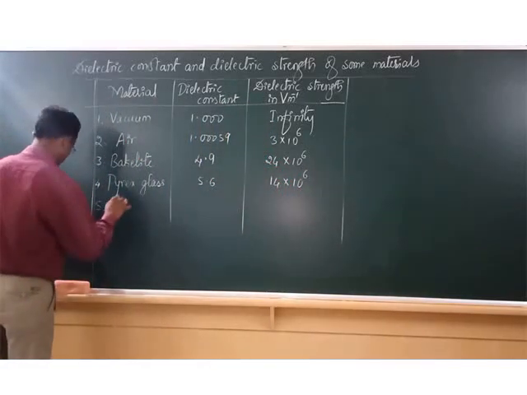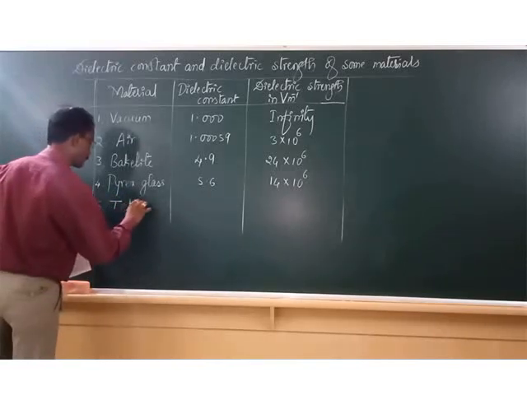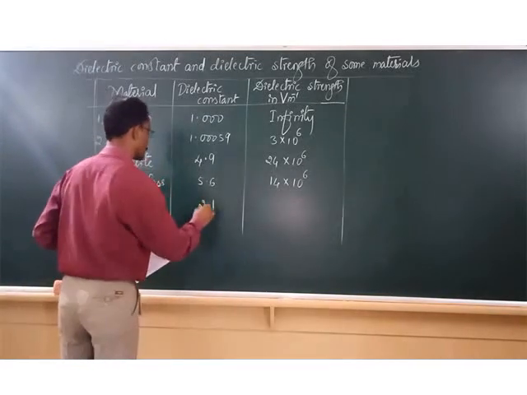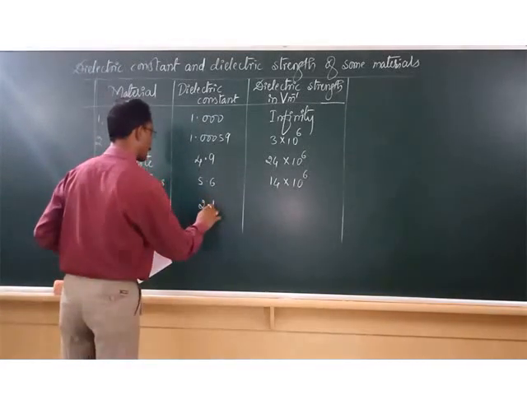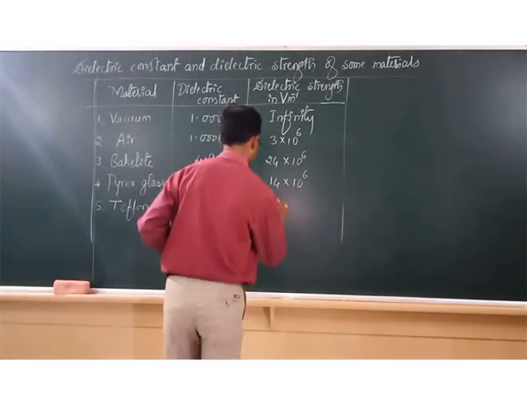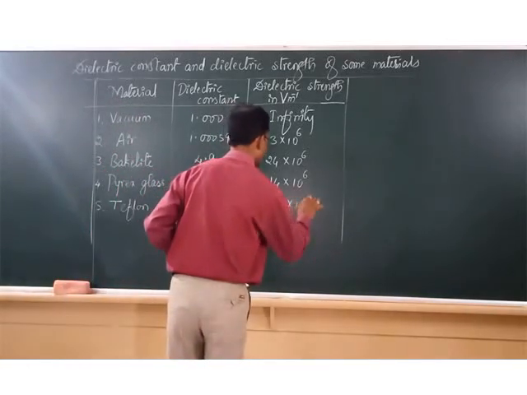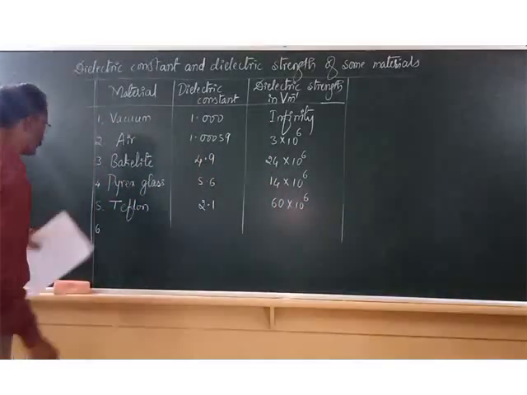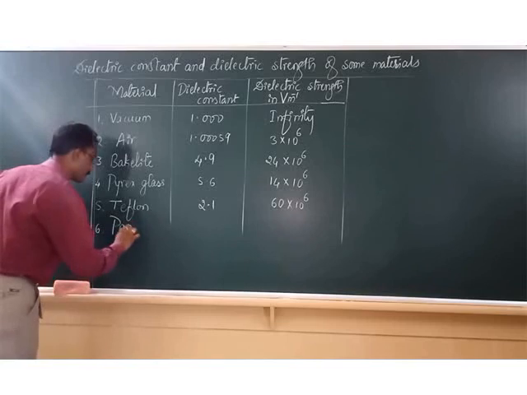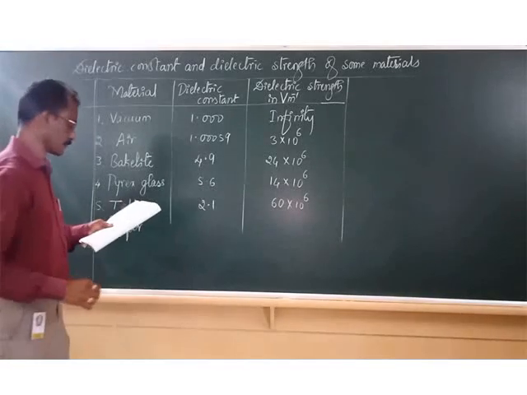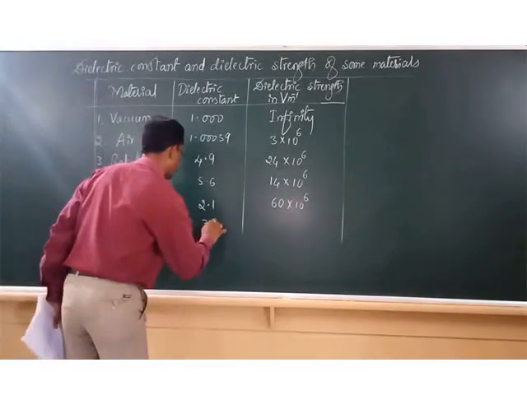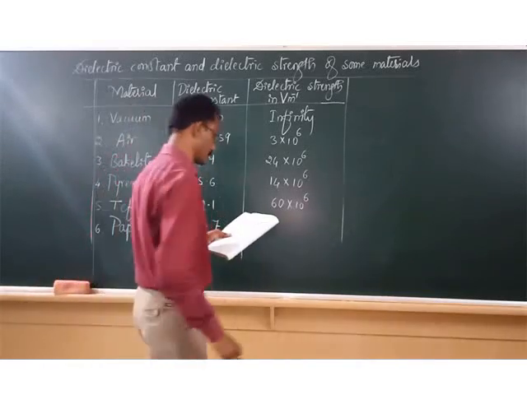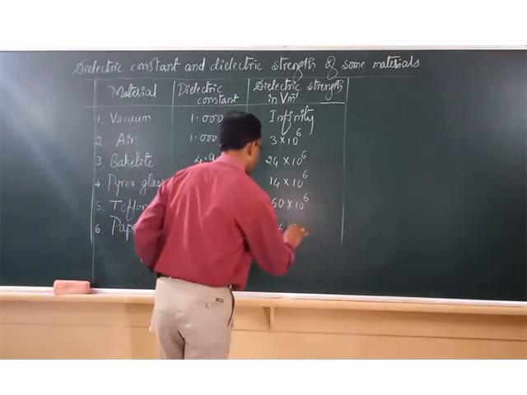Fifth, for Teflon, its dielectric constant is 2.1 and its dielectric strength is 60 into 10 raised to 6. Next, for paper, the dielectric constant is 3.7 and the dielectric strength is 16 into 10 raised to 6.